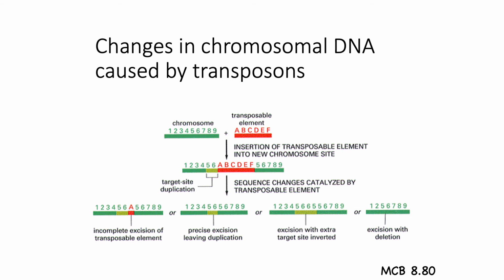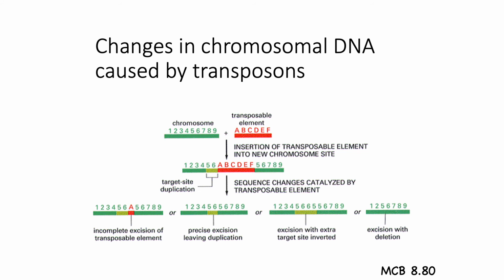In this example, we've got this chromosome shown in green, and regions on it are labeled 1 through 9. The transposable element, in red, is labeled A through F. Now it inserts into the chromosome, duplicating a short region, shown as regions 5 and 6 on the chromosome.